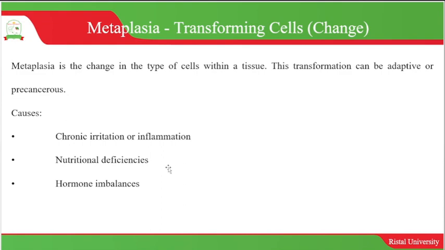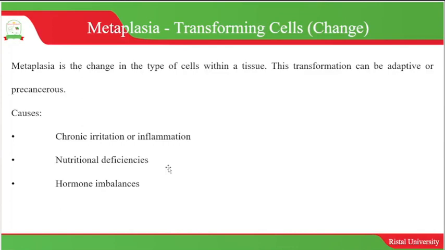So another adaptation to pathophysiological changes is that these cells can also undergo metaplasia, that is transforming their cell makeup. So metaplasia is change in the type of cell within a tissue.